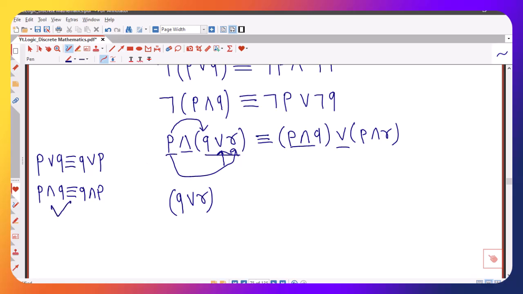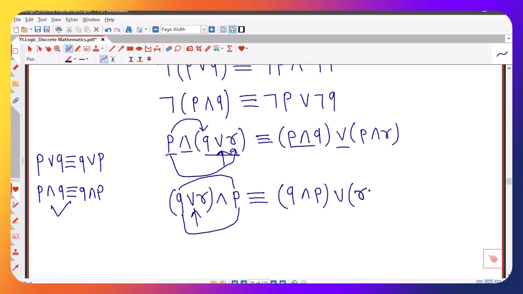Using this commutative law I can rewrite this as (Q or R) and P, and this I can rewrite as (Q and P) or (R and P). And you can see here also if we apply commutative law, then these two are same. P and Q is equivalent to Q and P, P and R is equivalent to R and P.